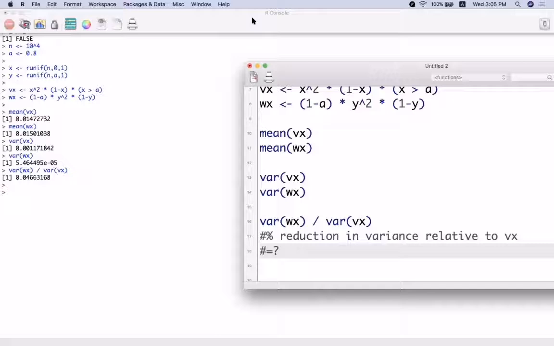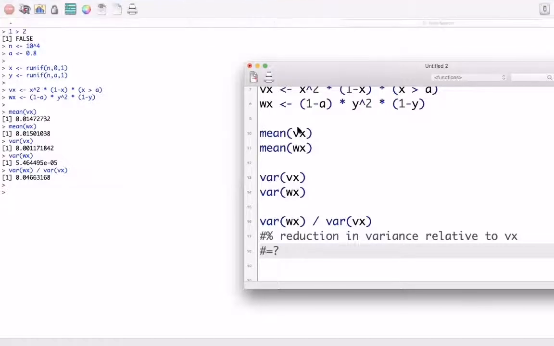Anyone? 4.66 is the variance of Wx as a percentage of your variance of Vx. If you're going to talk about percentage of reduction, do you read directly from this?